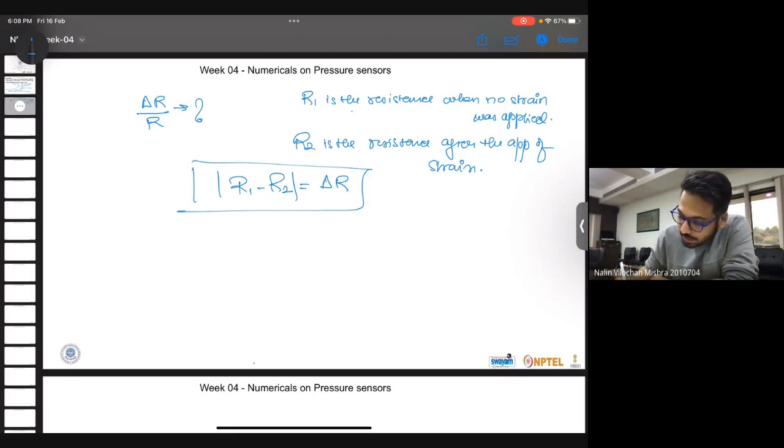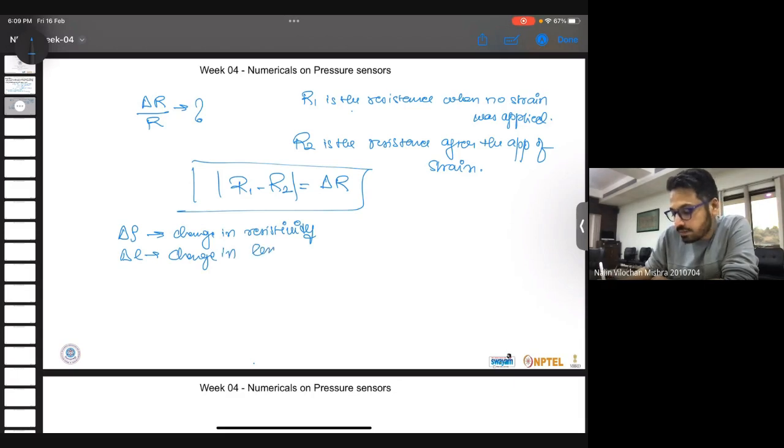So similarly, delta rho is the change in resistivity. Delta L is the change in length. Delta W is the change in width, and delta T is the change in thickness.